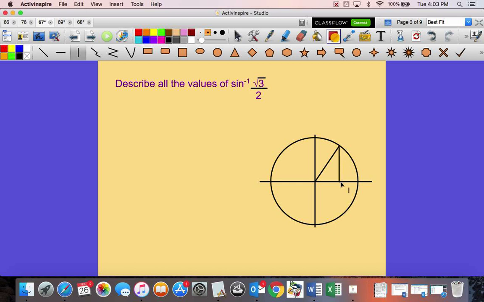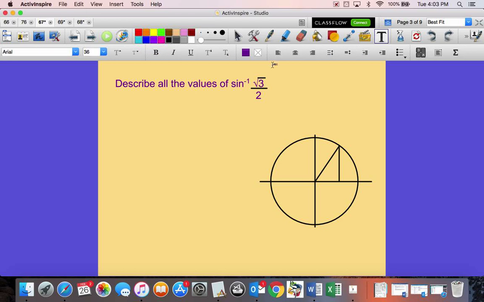What sine works with is the opposite side and the hypotenuse. So this square root of 3, we could put as the opposite side here. So square root of 3 goes there, and then our 2 goes as our hypotenuse.